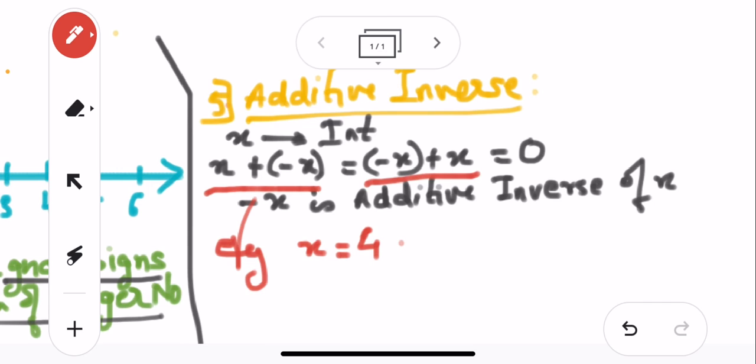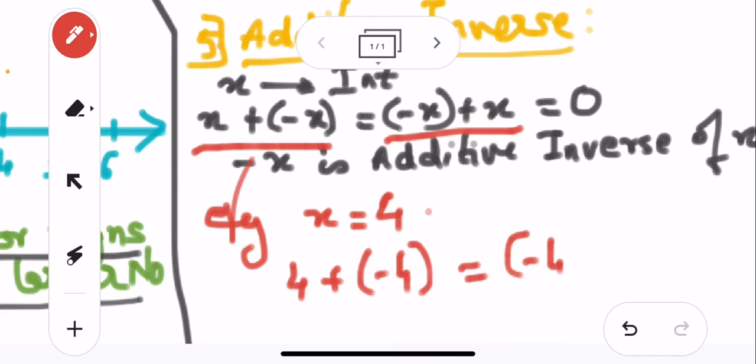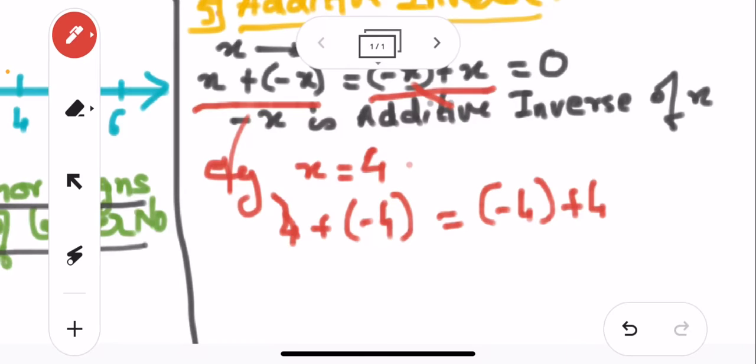It is the inverse of x. Now for example, if I take x equal to 4, so if I write x is equal to 4 plus minus 4 is equal to minus 4 plus 4. So what do I get as the answer here?